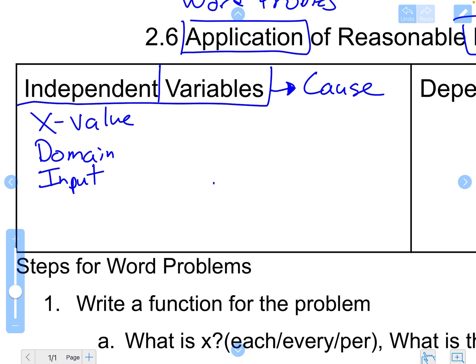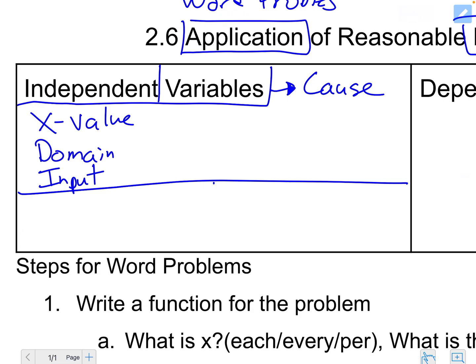Those are just some other names and terms that also mean independent variables. Now I want to talk about what independent variables look like in word problems. Typically in a word problem, an independent variable is going to be a noun, which means it's going to be candles. Oh, I cannot spell again today. Give me 2 seconds. So we're talking candles. We're talking tickets.